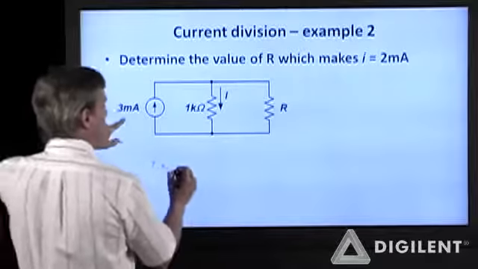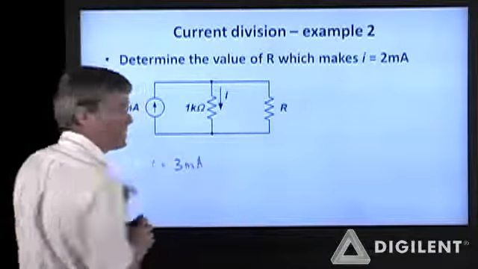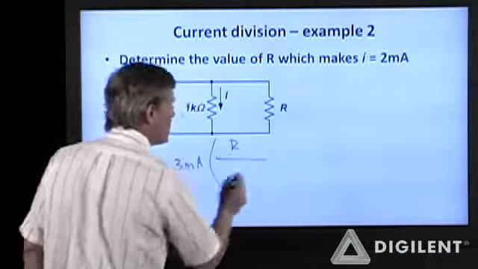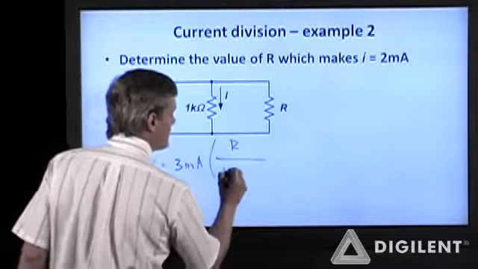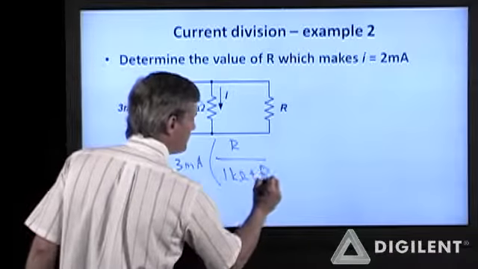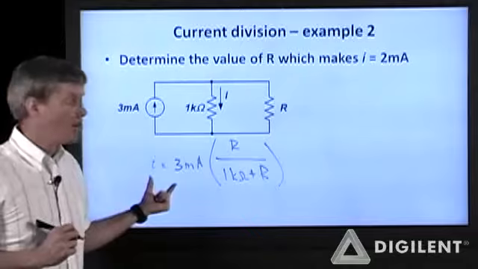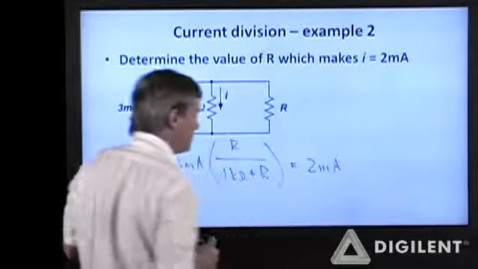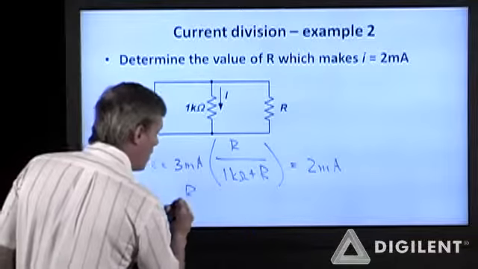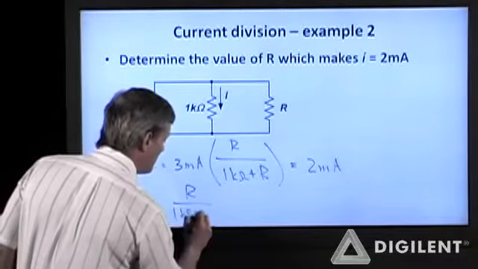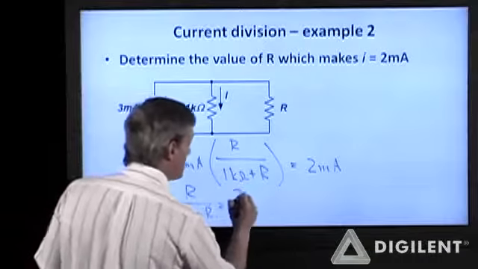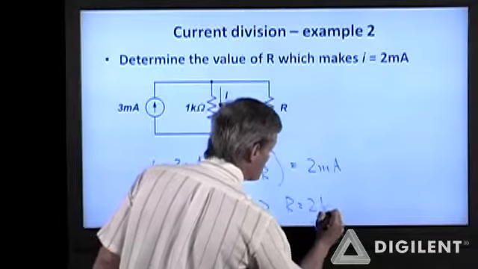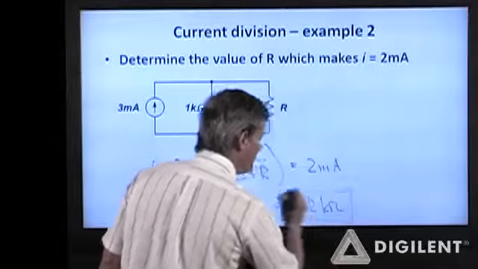I is the total current into the combination times the other resistance over the sum of the two resistances. We want I to be 2 milliamps. So R over 1 kilo ohm plus R is going to be 2/3. Therefore, R is equal to 2 kilo ohms.